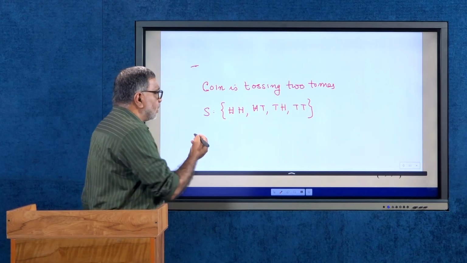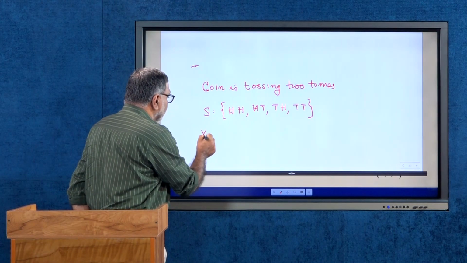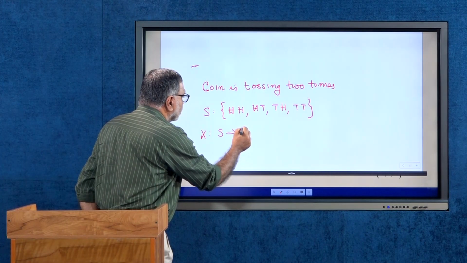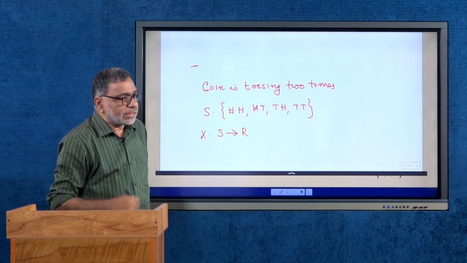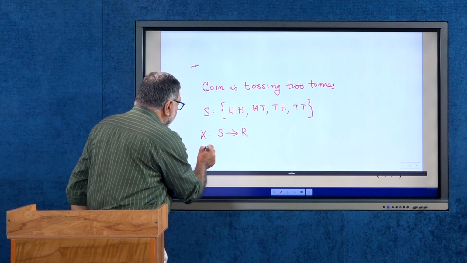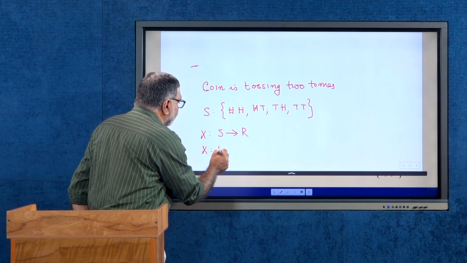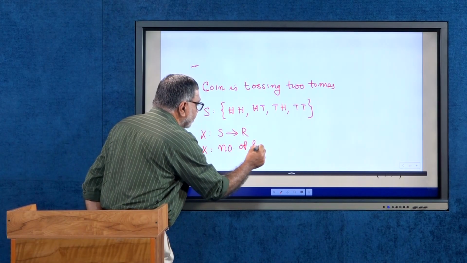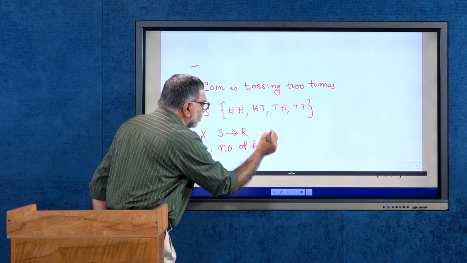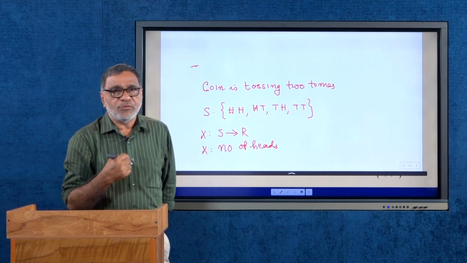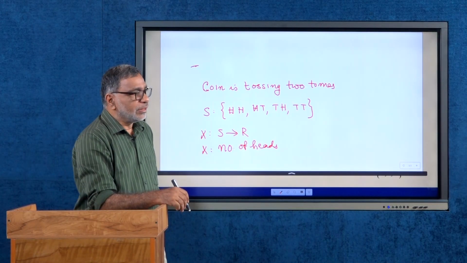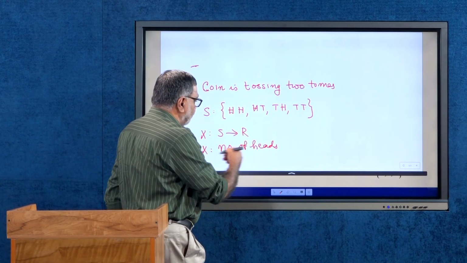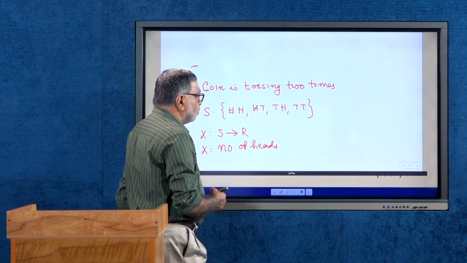And let me define a function X from S to R in such a way that X is the number of heads obtained for the random experiment.